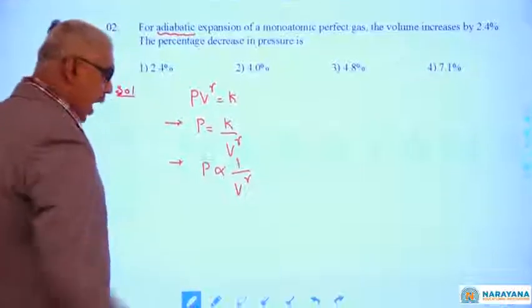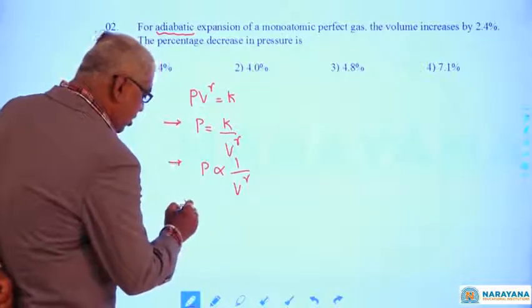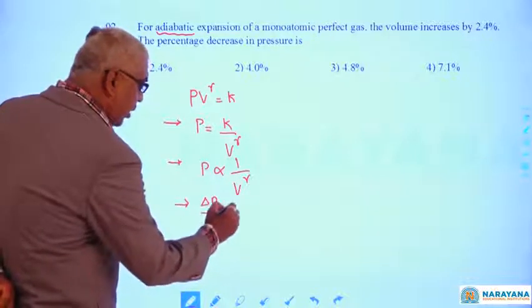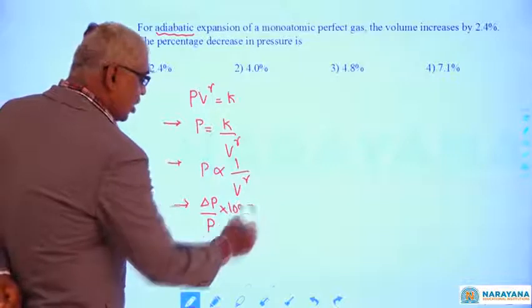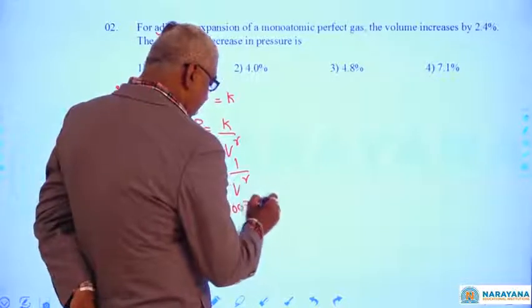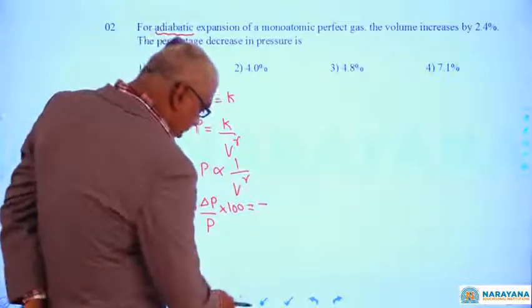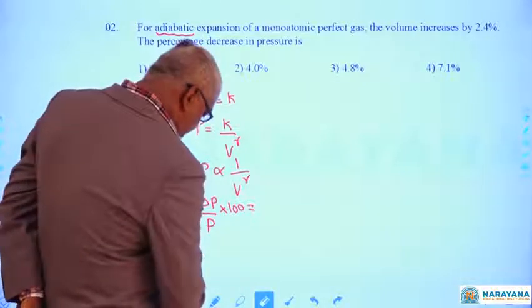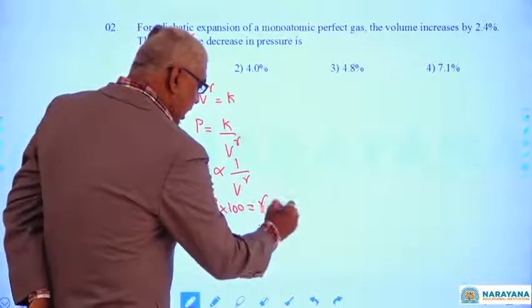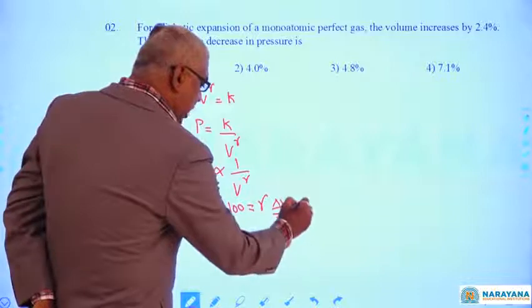Applying fractional changes, delta P by P into 100 is equal to gamma into delta V by V into 100. The negative sign is not required here, so we avoid it.